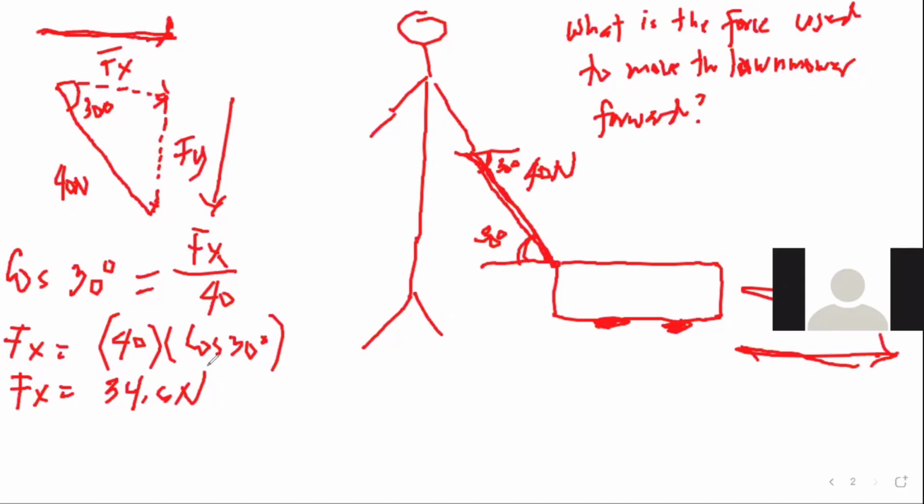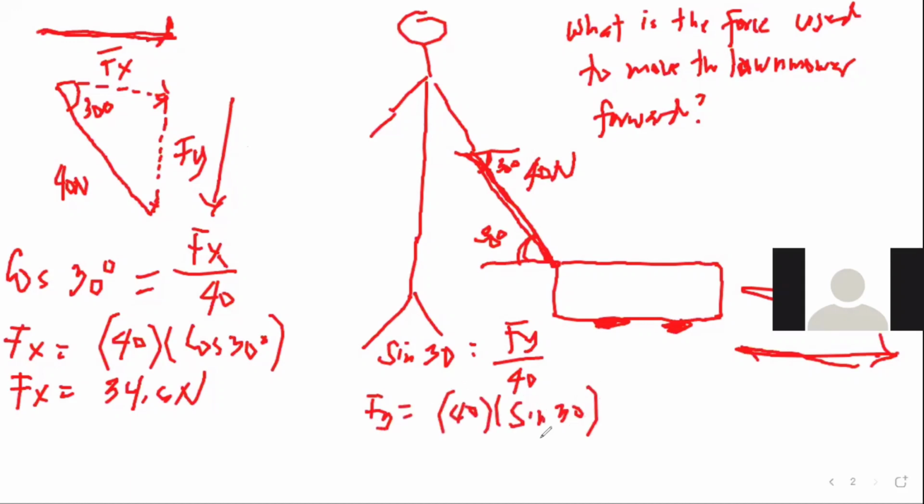Okay. So how about the force that is moving downward? That is your y. In our drawing, y is going downward. So therefore, that will be sine 30 degrees equals Fy all over 40. So Fy will be 40 sine 30 degrees.